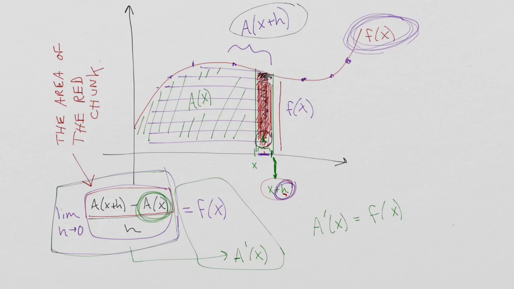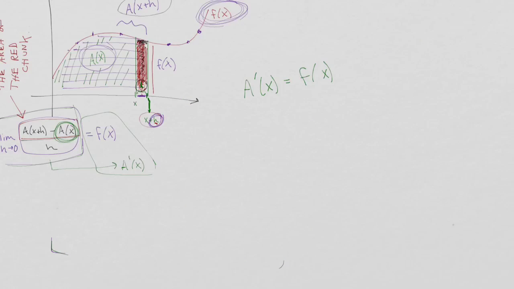Let's remind ourselves what A of x is. What did we define A of x as in our picture? We said that A of x is the area underneath the curve in between 0 and x. This region has an area called A of x. So what I'm saying when I say A prime of x, get this, this is nuts.